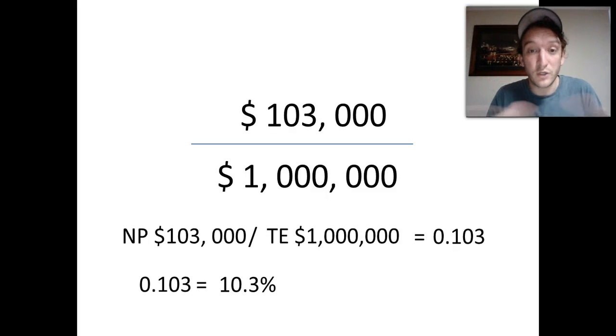So what's important to keep in mind here is that business is all about opportunity. You've decided to invest, in this case, $1 million in this business, in this opportunity, and the whole point is to try and pull money back out of that investment or that opportunity. In this case, the owner is pulling back $103,000, which represents a 10% improvement. They're now 10% richer than they were last year.